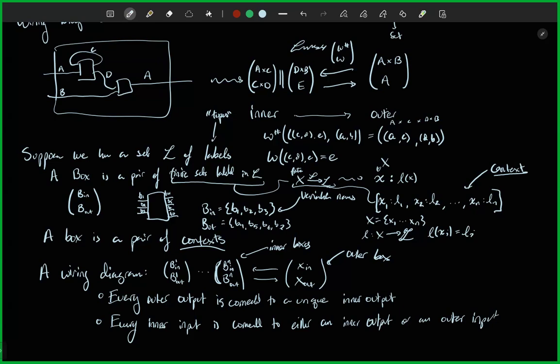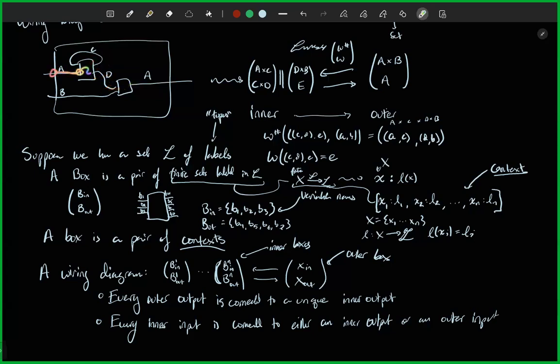So if you look up above, you see that these rules are satisfied, right? Every inner input, so something like here, comes from either an inner output, which would be one of these, or an outer input.